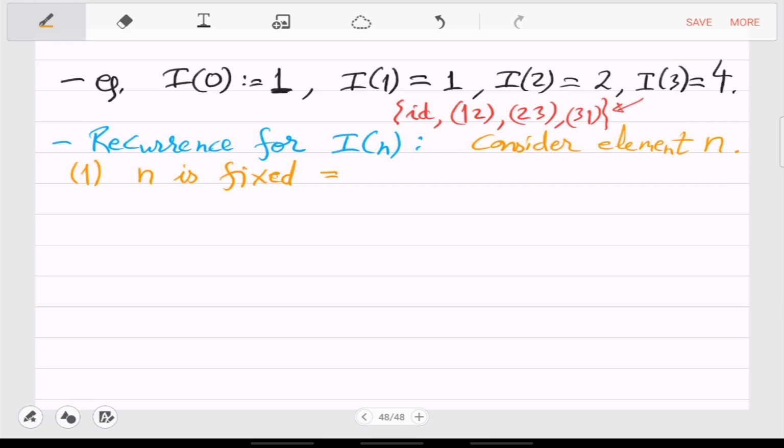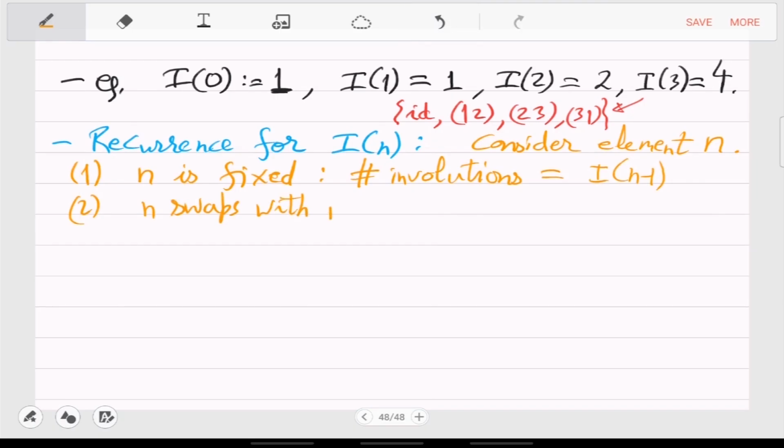So how many permutations are there? The number of such involutions: n is fixed, everything else can do whatever they want to do, up to involution. So that's I of n minus 1. Second case, n is swapped with j.